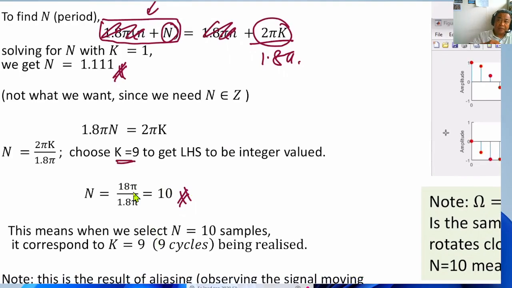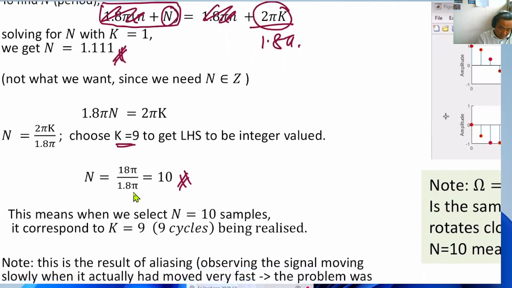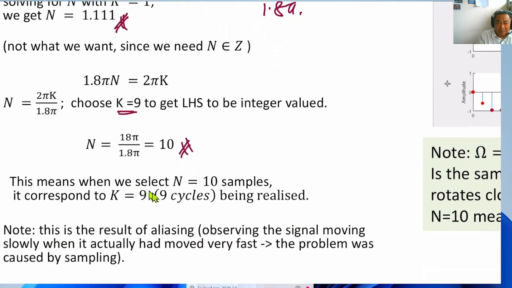It means that actually the sequence is repeating 9 cycles already. And that means something strange is going on, and it's called aliasing. Basically, the sequence is moving very fast, but actually when we observe it, it's moving very slow. How slow?